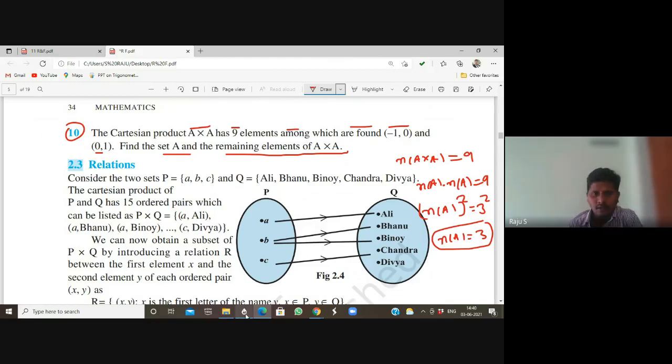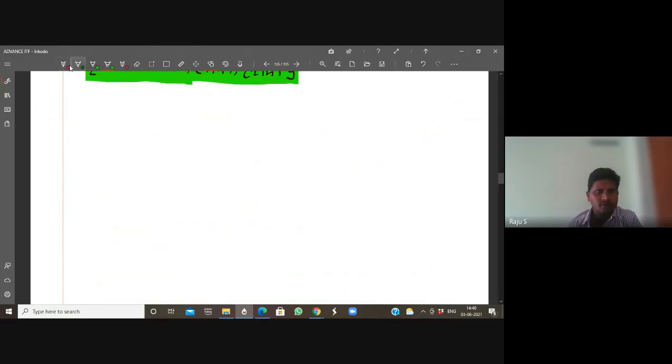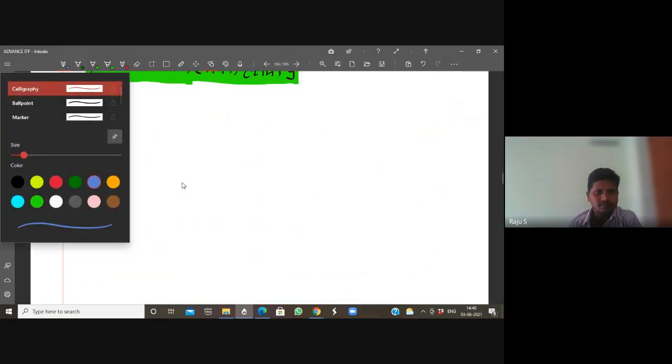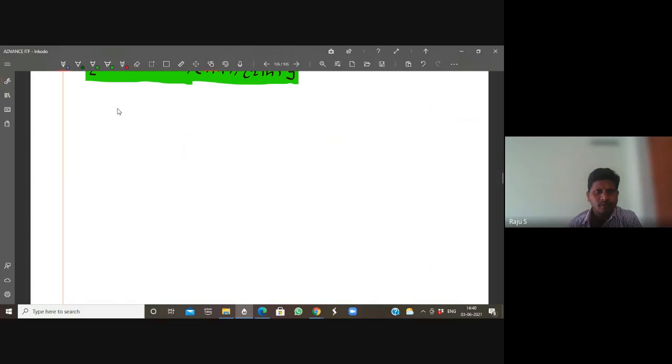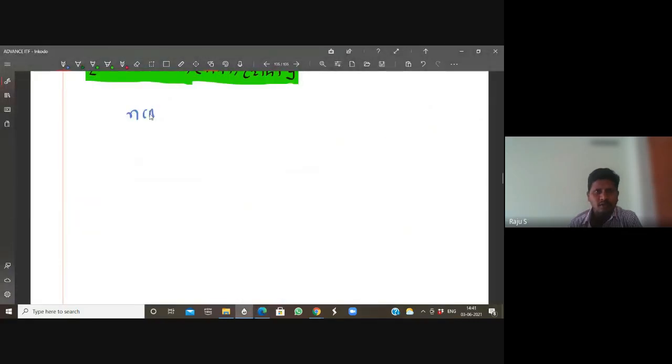This is one of the important questions. n of A cross A is 9, so n of A, the whole square, is equal to 9, and the number of elements in A is 3. We found that A has 3 elements. Then what are the 3 elements?